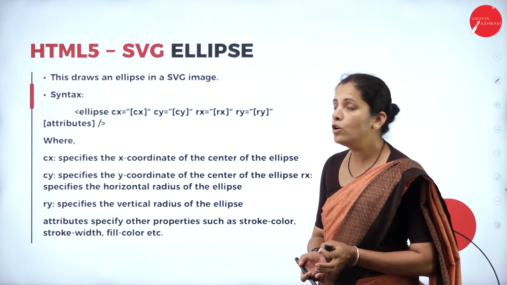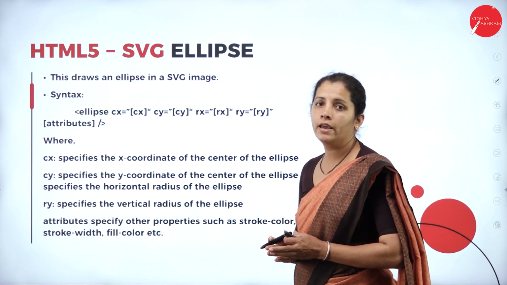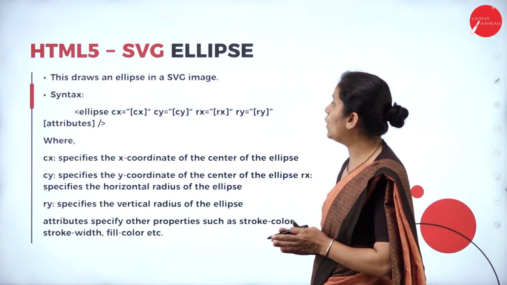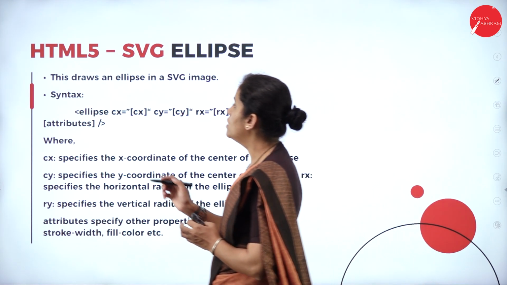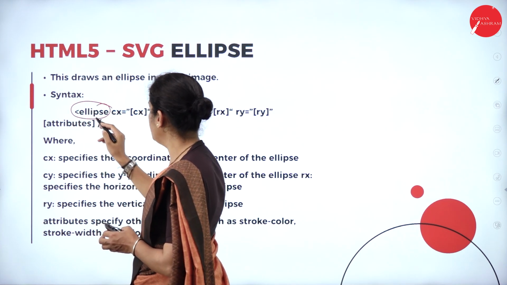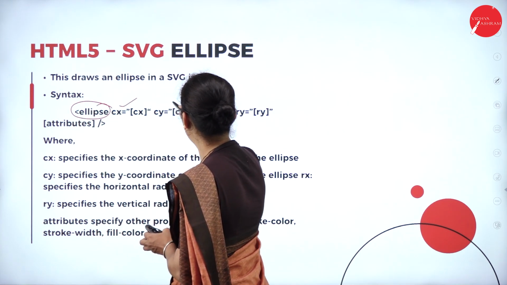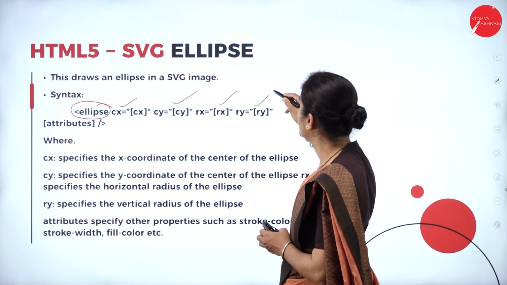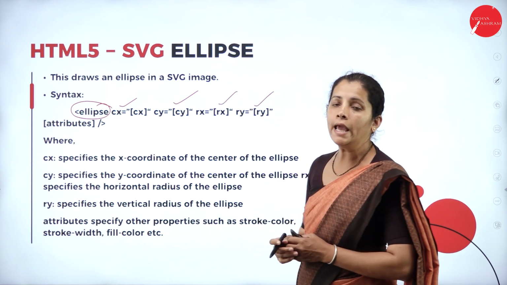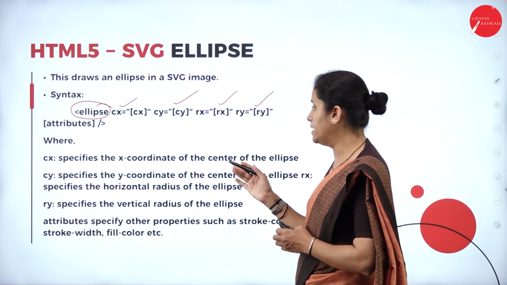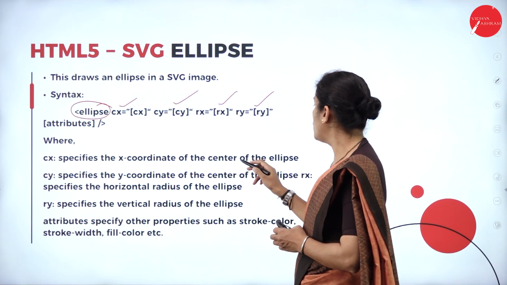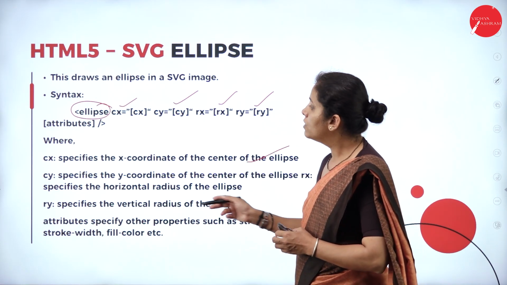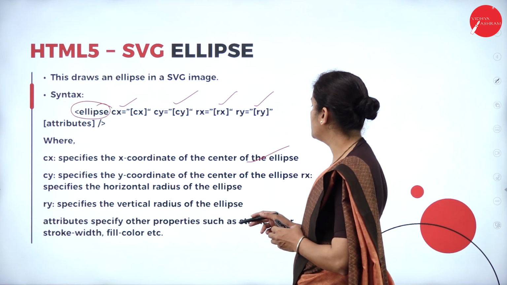Now, if I want to draw the ellipse, I'll use the tag called ellipse. So what's my tag name? Ellipse. X coordinate, y coordinate, then radius of x and radius of y, where x is the x coordinate of the center of the ellipse and y is the y coordinate of the center.